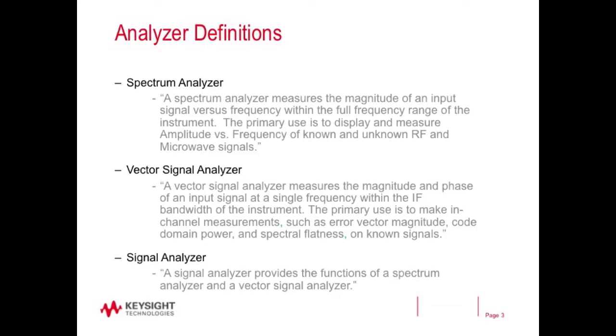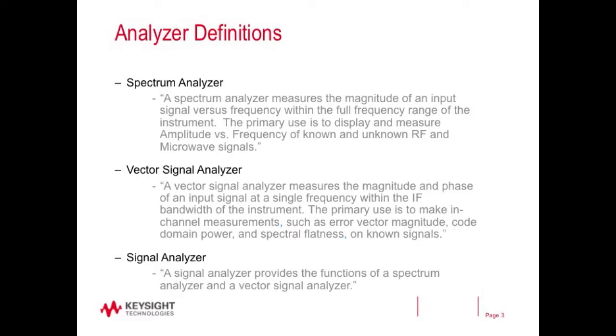For the purposes of this presentation, a spectrum analyzer essentially allows you to look at the amplitude versus the frequency of a signal and display that. A vector signal analyzer has that capability as well, but instead of being a magnitude-only analyzer, we actually add some phase capability.